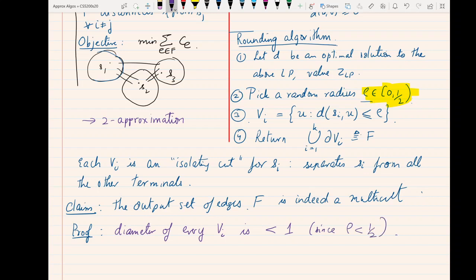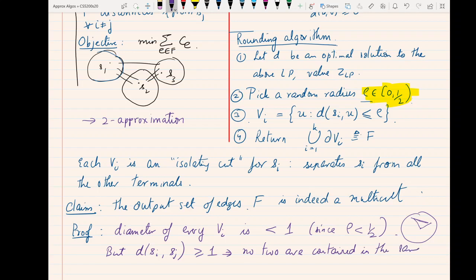Since rho is strictly less than half, you cannot have any two points at distance greater than 1 within the ball. But then the distance between Si and Sj is greater than or equal to 1, which implies no two terminals are contained in the same set, and that proves that the output set of edges crossing the Vis is surely a multicut.